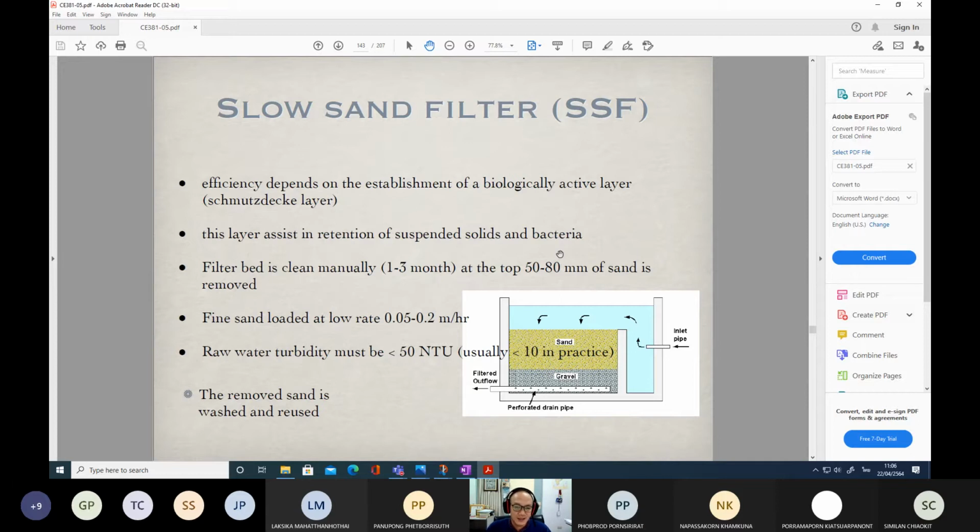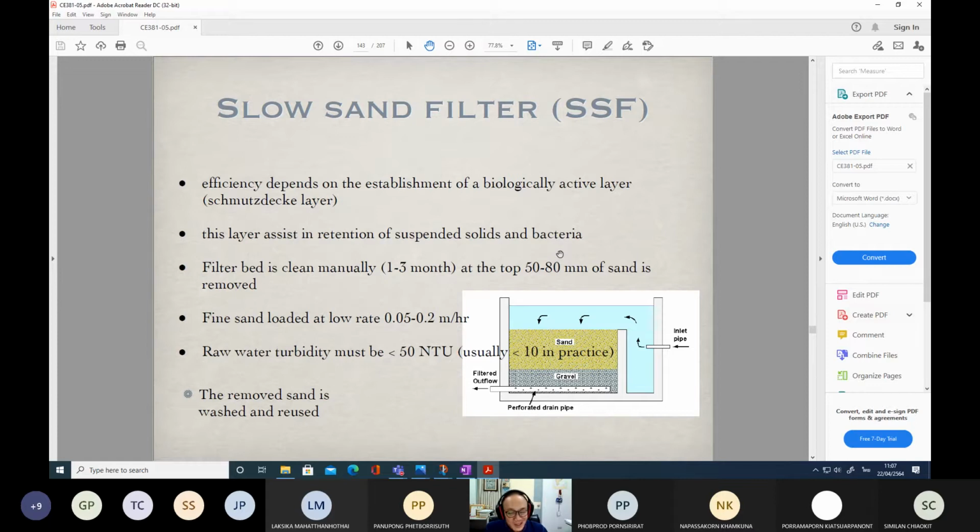Remember that the suspended solids or turbidities could be very low because these filters, in general, receive the treated water from the sedimentation chamber. So normally the turbidity is very low, but sometimes it could be higher than 5 NTU. But in general, it already passes the drinking water quality standards.